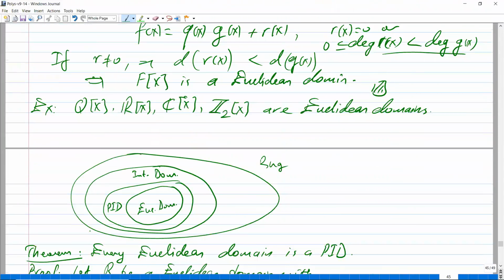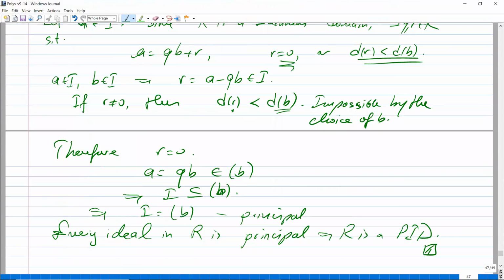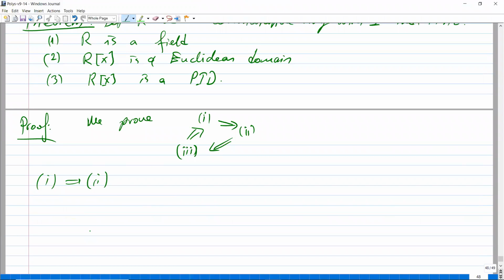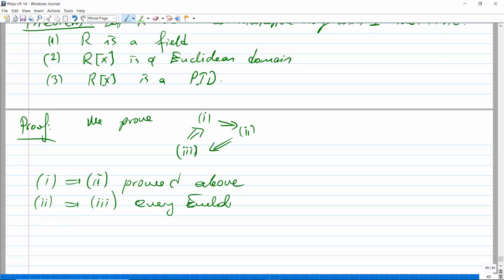So this is proved above. Also, every Euclidean domain is a PID, so that 2 implies 3.